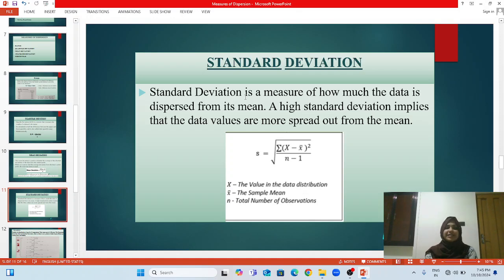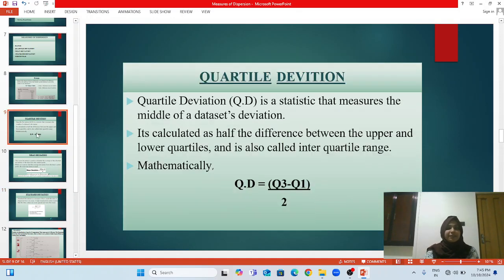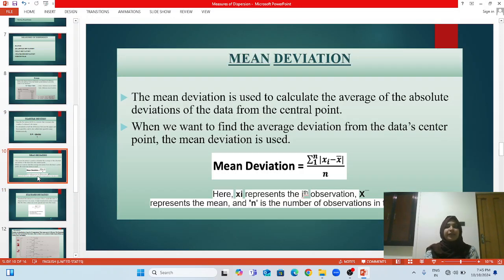In mean deviation, the central point is fixed, and we see how the values spread over that mean point. That mean point is fixed, and we see how the values are spread across it. So here the outliers are totally not considered.